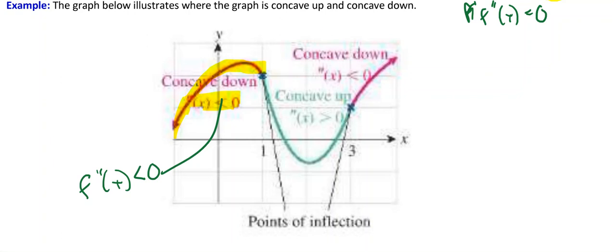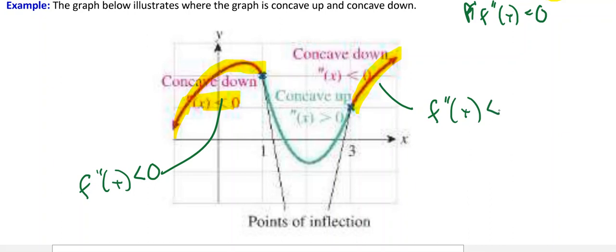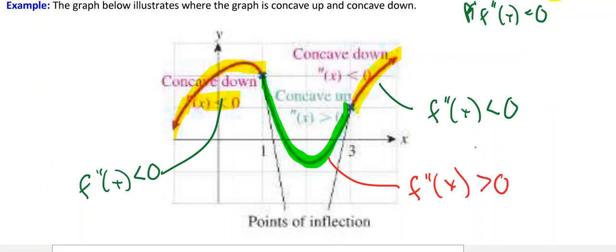And it's also concave down in through here, so the second derivative is also less than 0. And then it switches to being concave up in through here. So in through there, the second derivative is greater than 0, or positive.